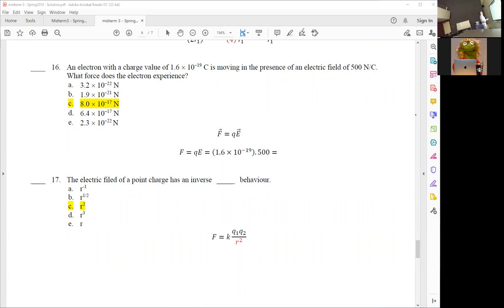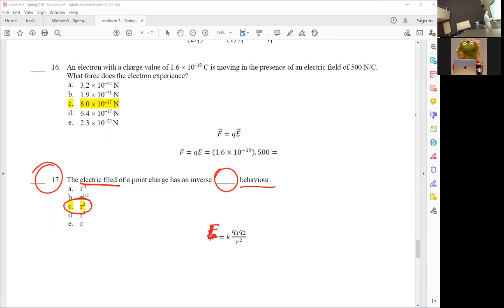So here, question 17. The electric field of a point charge has an inverse what behavior? Of course, it's an inverse R squared behavior. Now, the question is asking about electric field, while here you see force, but that's okay. We can still turn this into electric field.